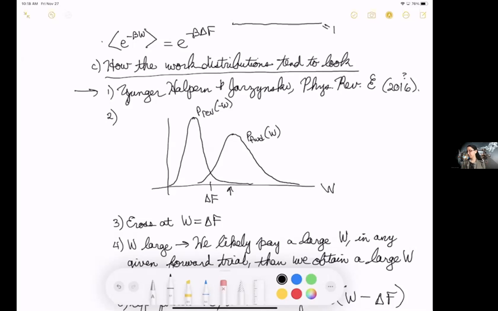In the case of Jarzynski's equality, there is this subtlety or difficulty that the terms that contribute the most to this left-hand side are terms that carry probability density values that come from very rare events. So it's very difficult to estimate those probability density values.